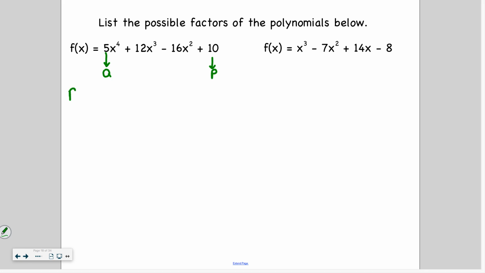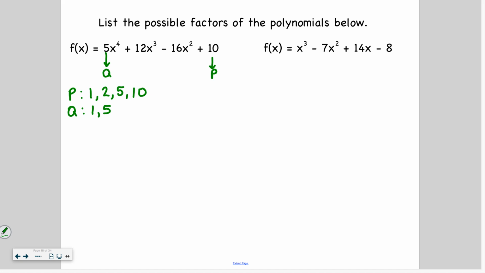So if I look at my factors of P, what can I multiply to get 10? 1, 2, 5, and 10. Now, I put mine in order. You don't do that, that's okay. I just like to have mine in order. My factors of Q, what can I multiply together to get 5? I just have 1 and 5.